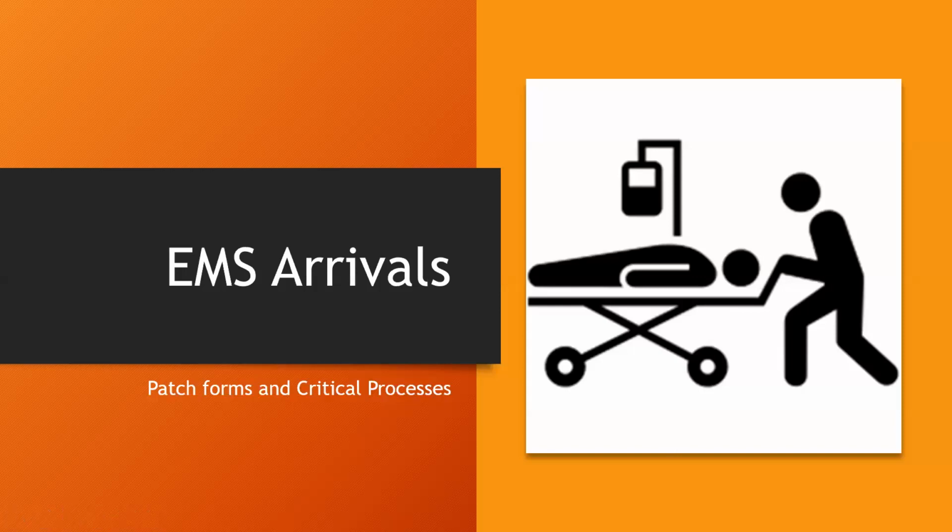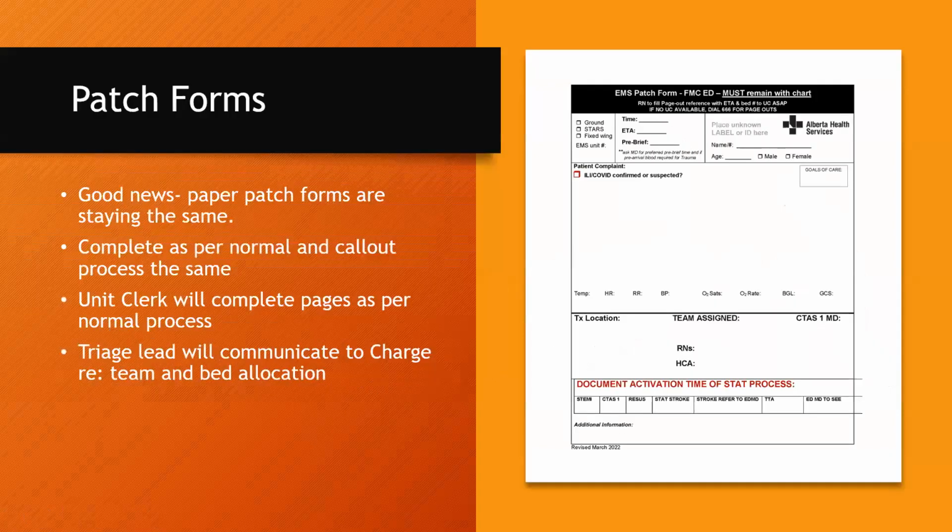So what about our EMS arrivals, patch forms, and critical processes? The good thing is our patch forms are staying the same. They are paper patch forms, and we are not changing those. So they are going to continue as they currently are. There is technically a place to put pre-arrival information, which I will show you in a moment.